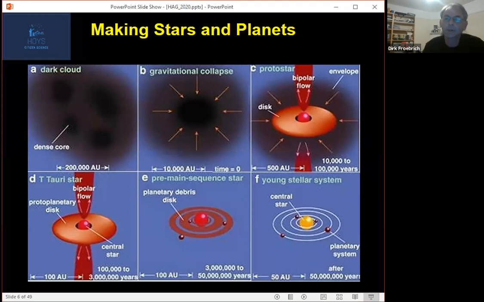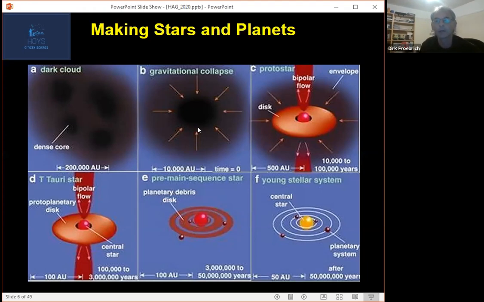Basically, in those collapsing clouds, very quickly, the rotation becomes so fast that the centrifugal force is as big as gravity. And then in the equatorial plane, you can't actually have any accretion anymore. Because both of the forces are balanced, the material just stops.